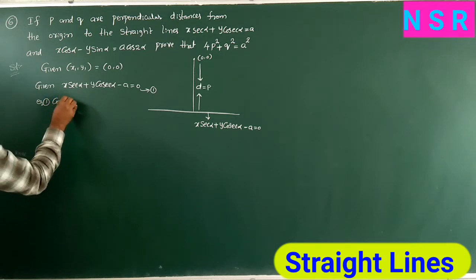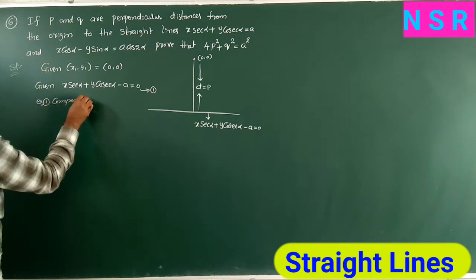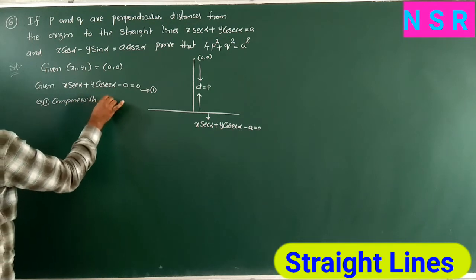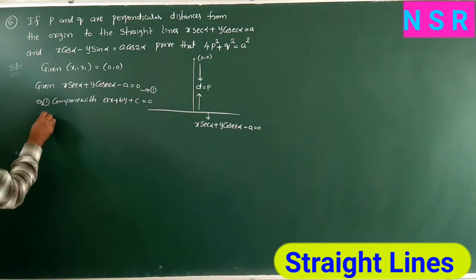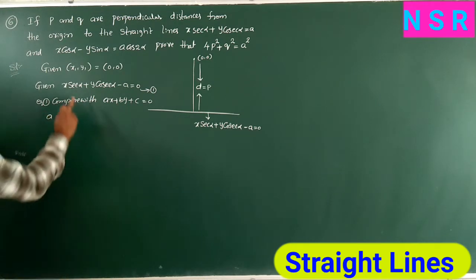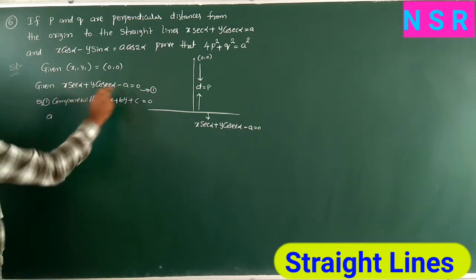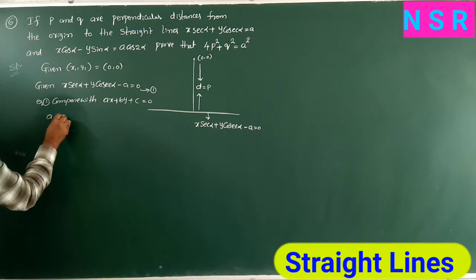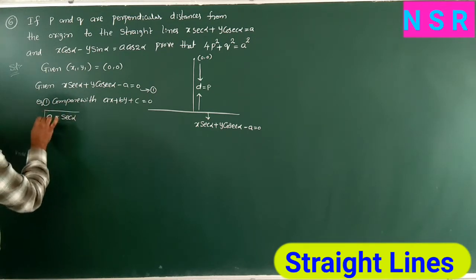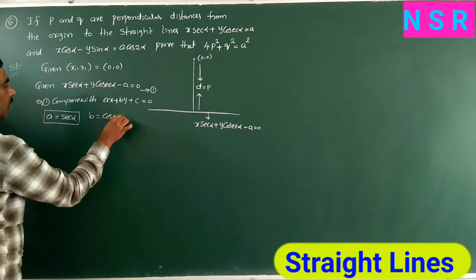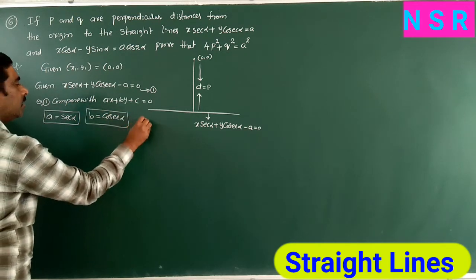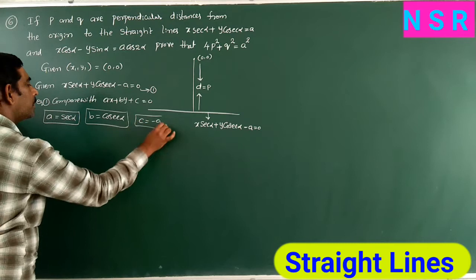Equation 1 compare with ax plus by plus c equal to 0. It is in the form of ax plus by plus c, so the a value is secant alpha, the b value is cosecant alpha, and the c value is minus a.